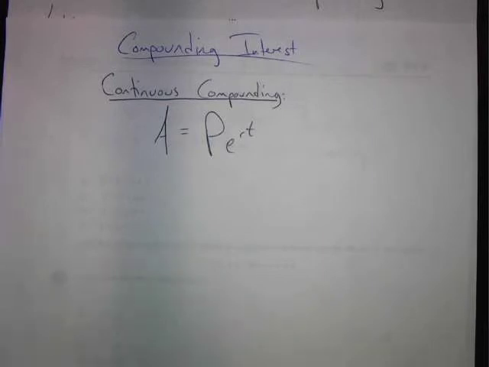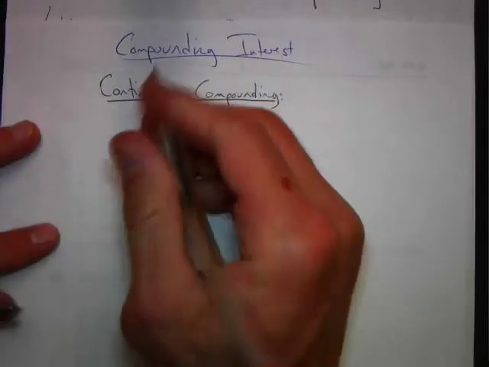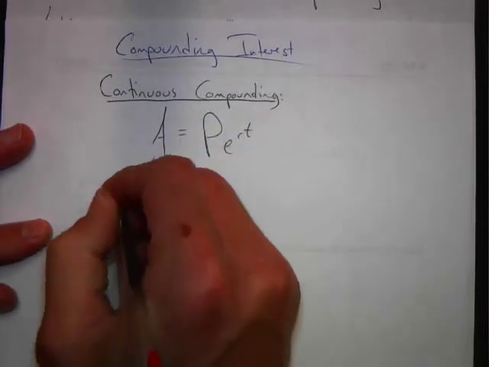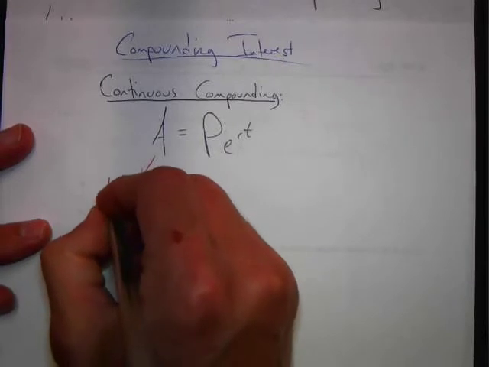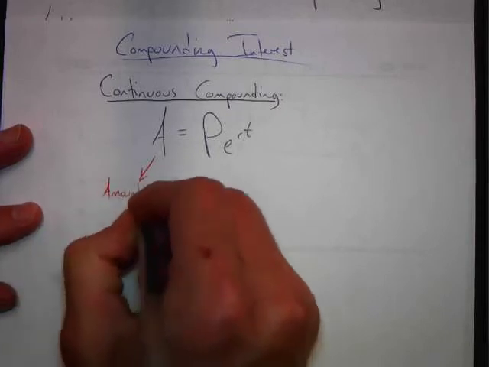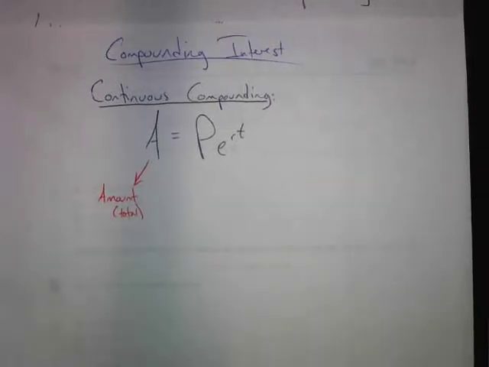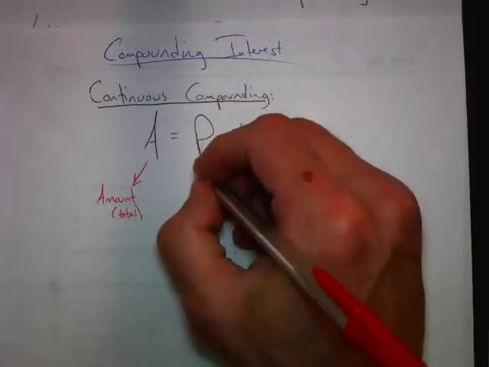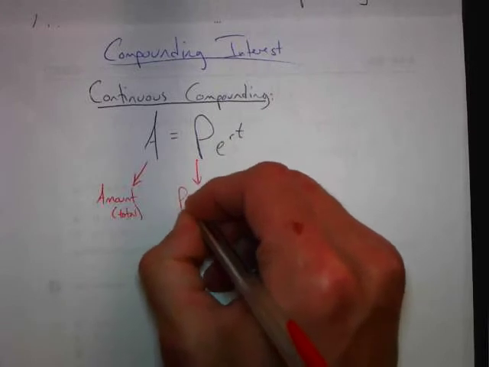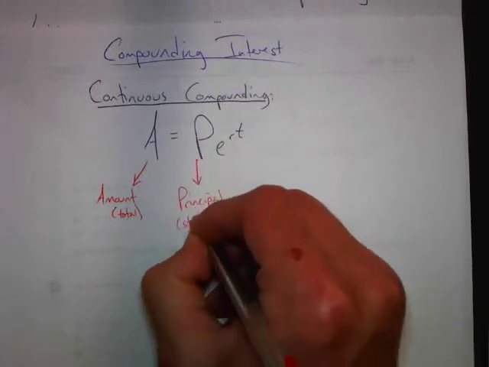The capital A stands for the total amount that we'll have after this money has been compounded continuously. The P stands for the principal amount, which is your starting amount.